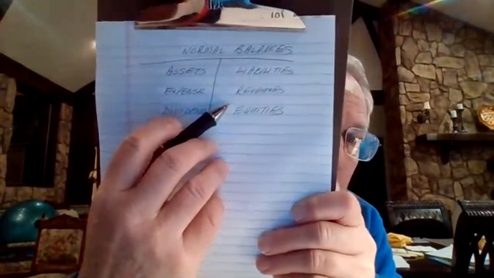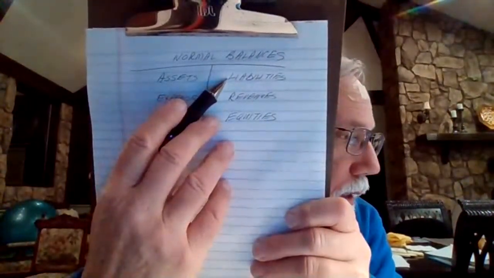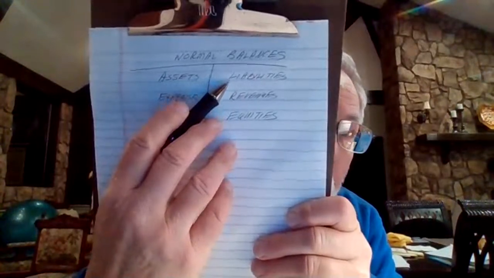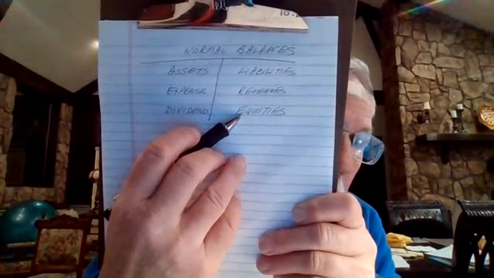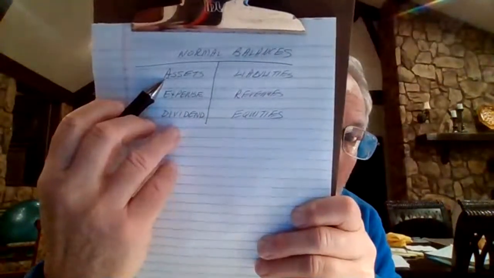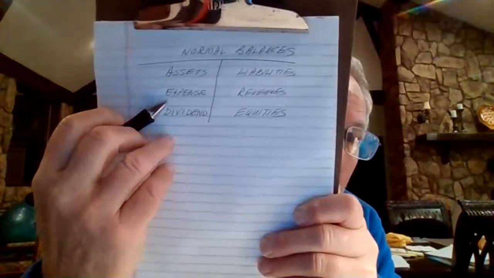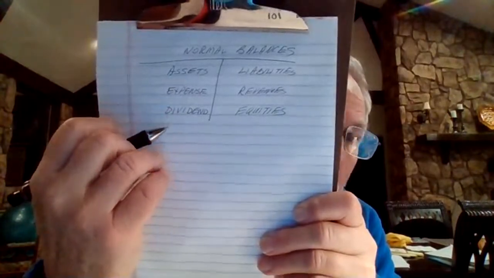When our credits increase, when we're dealing with a liability, revenue, or equity account. When our credits decrease, when we're dealing with an asset, expense, or dividend account. That's 6 and 7. Okay, that takes us up to number 10.